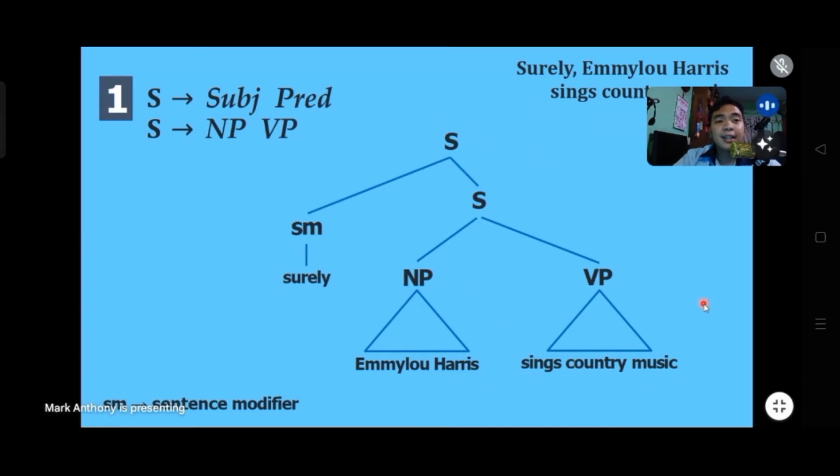So that is our first basic structure rule. Again, the sentence is divided into subject and predicate, also known as noun phrase and verb phrase.